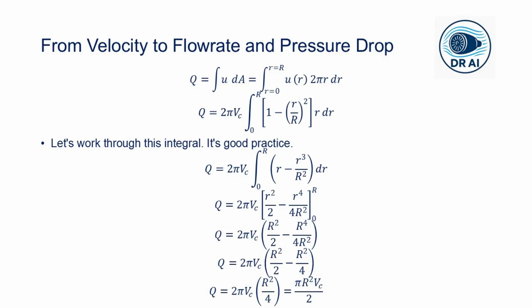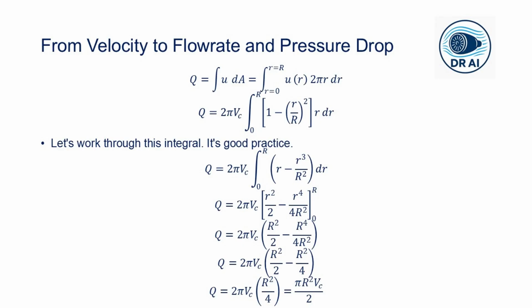Each ring at radius r has an area dA equal to 2 pi r times dr, and the fluid in that ring is moving at a velocity u of r. So the flow rate through that ring is u(r) multiplied by dA. So we sum up all the rings from the center, which is at radius r equal to 0, to the wall, r equal to capital R, where R is equal to d by 2. This is shown in the figure also.